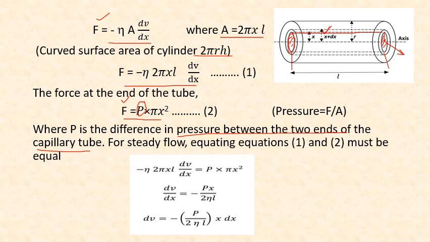Therefore, equating equation 1 and 2, we get minus eta 2 pi x L into dV by dx equals P into pi x squared. x cancels, pi cancels. You are left with dV by dx equals minus P x by 2 eta L. Now consider dV only. dV equals minus P by 2 eta L into x into dx.